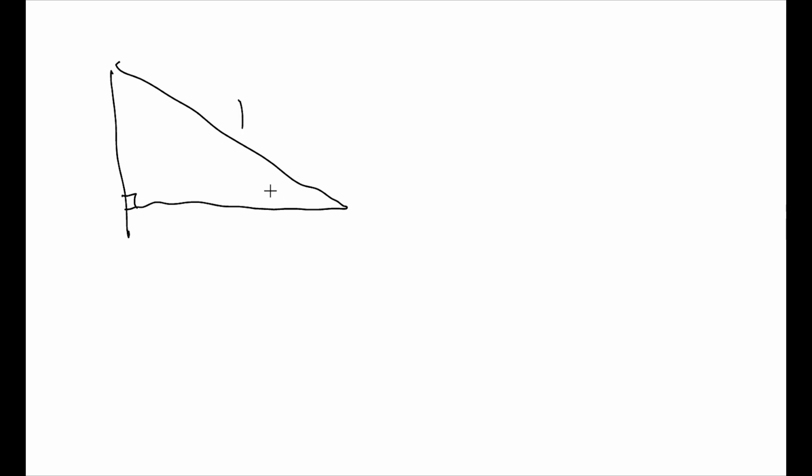Okay, so finally we have to talk about when the hypotenuse equals 1, since, like I said, we're talking about the unit circle, and in the unit circle, the hypotenuse is 1. So, how do we find the shorter leg when we know the hypotenuse? We divide it by 2.